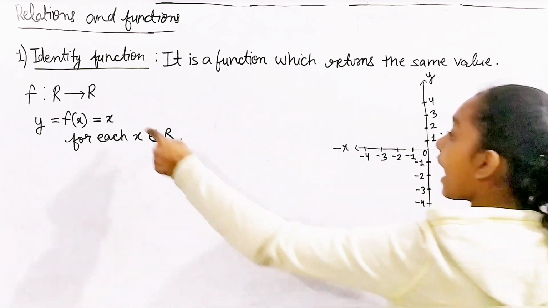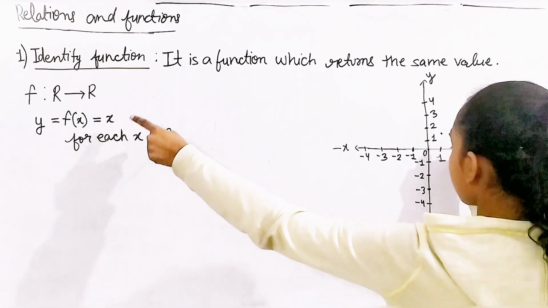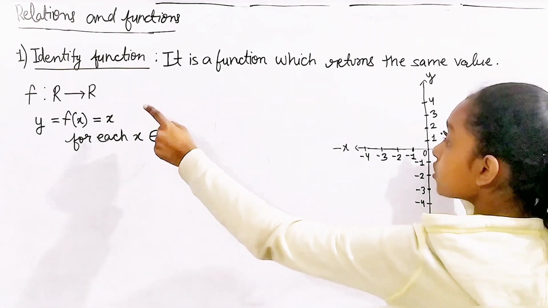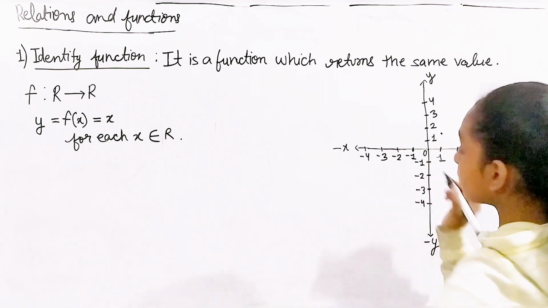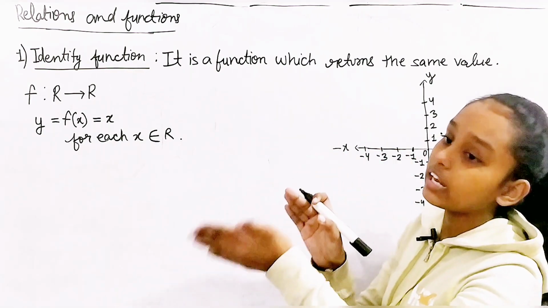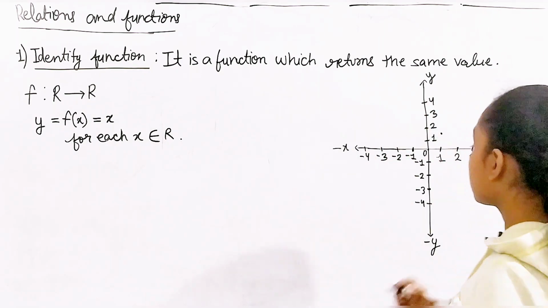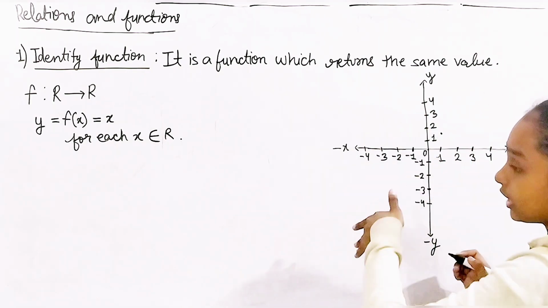So if the f(x) is here, if the x is here, which means that y will also be exactly the same. So this means if it's going to be in the negative way, okay? If it's in this way, then it's going to be in this way, because the y we have is here, okay?